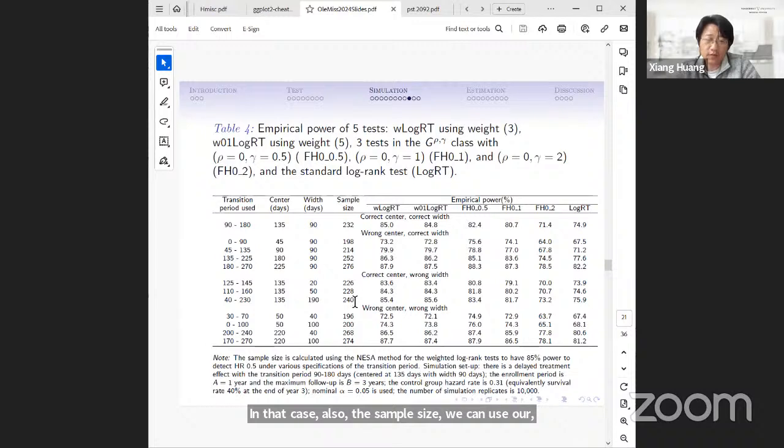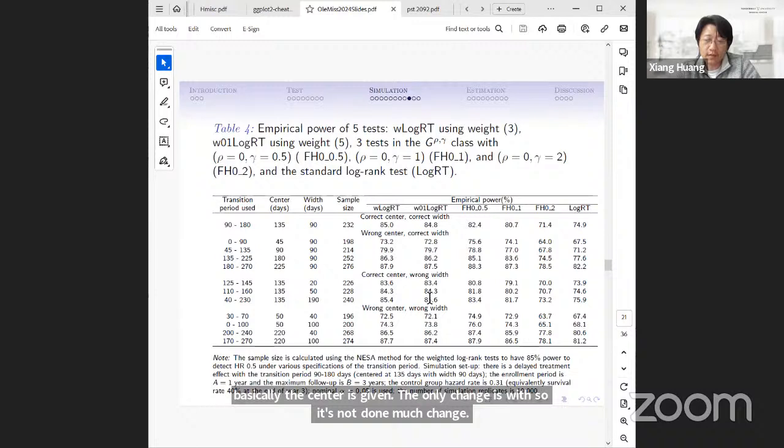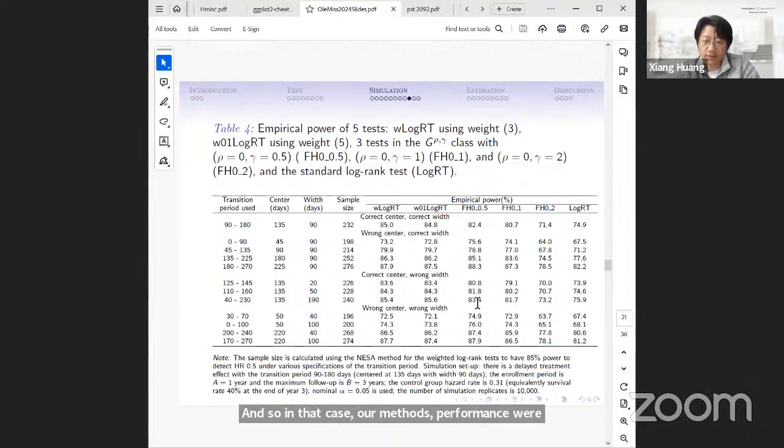Sample size will not change that much, and the empirical power is close to 85% as expected, because the center is given and the only change is width. So our method performs better than others. Others are at most around 80 or 83%.